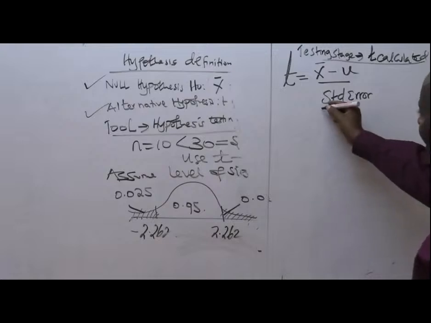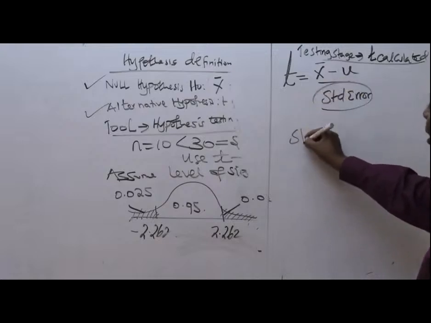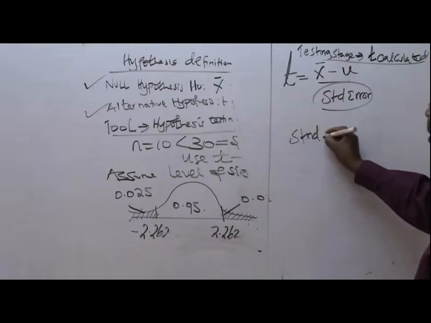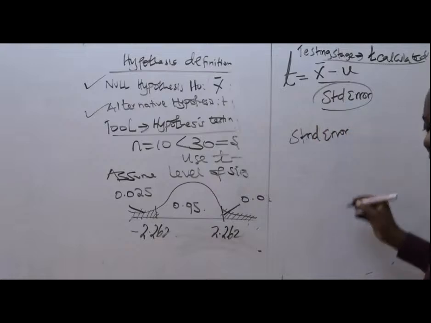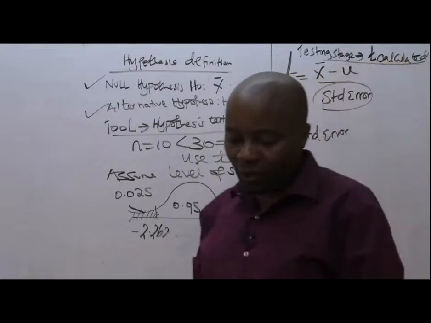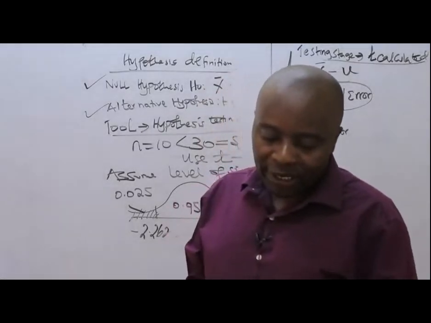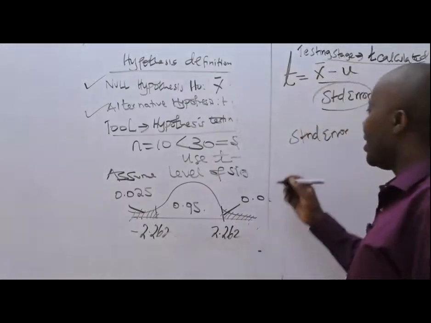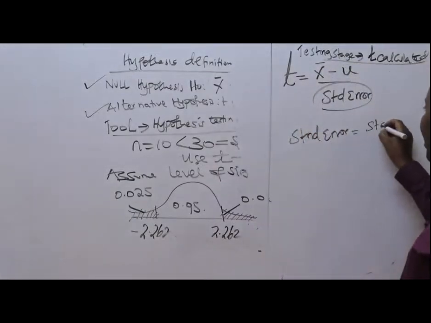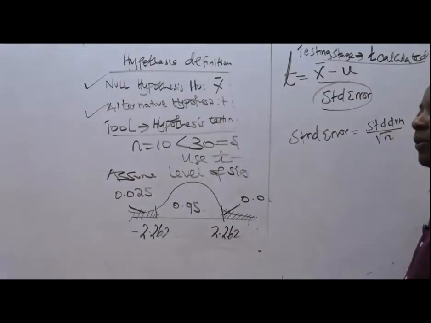Now, how do we get this standard error? To get the standard error, my friends, we normally take the standard deviation given over square root of n.